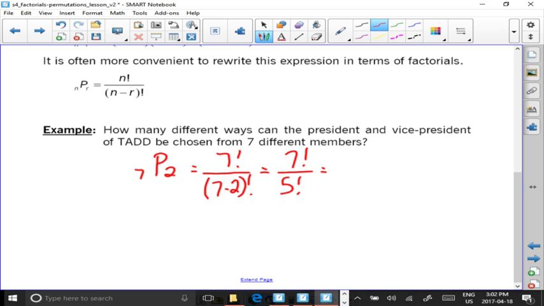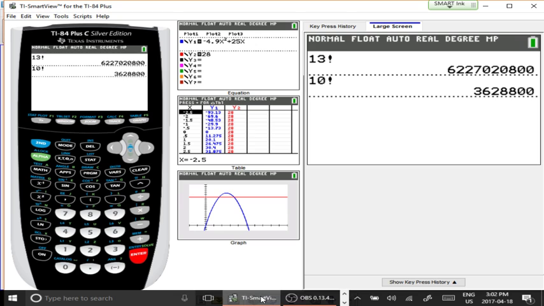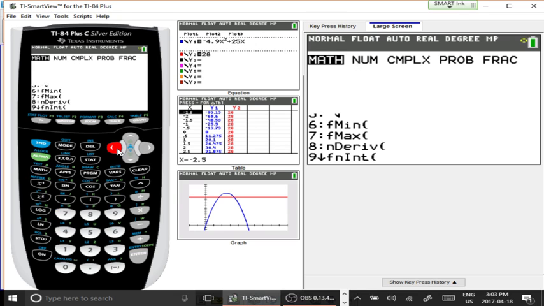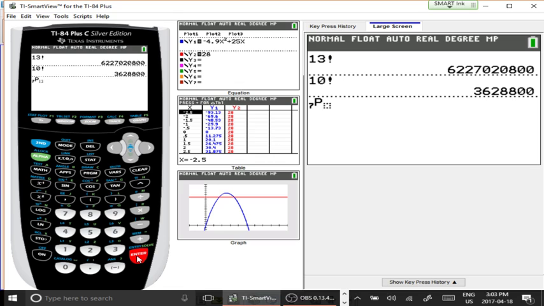But we could also use, there's a permutation button right in the calculator. So if we go to the calculator and we go 7, then we go back to math, we go back to probability, and we pick option 2, which is for nPr, and we put a 2 there, then we get 7P2, just like we have on our page, and we press enter, and we see that 7P2 is 42.